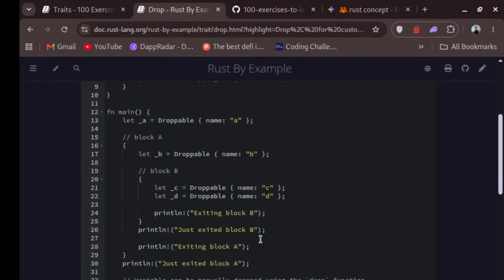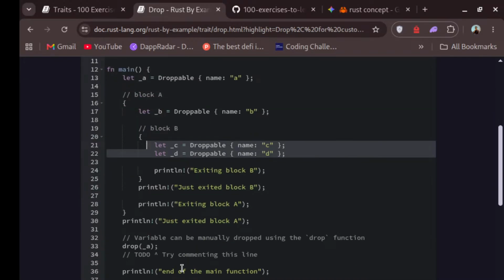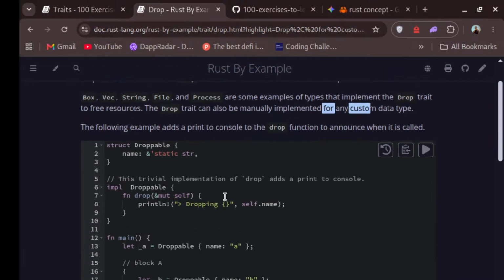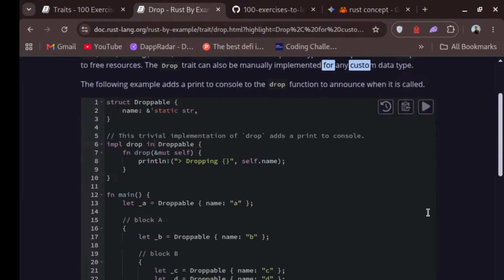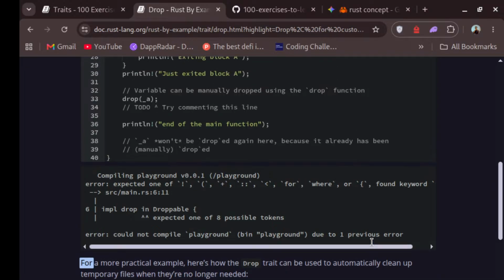So if we want to drop this from our memory, we use the drop function, and try commenting this line.